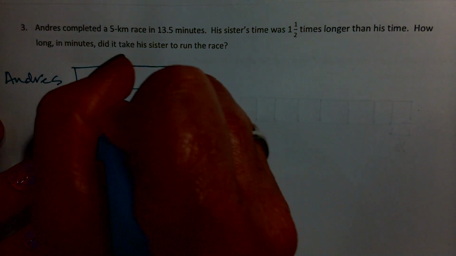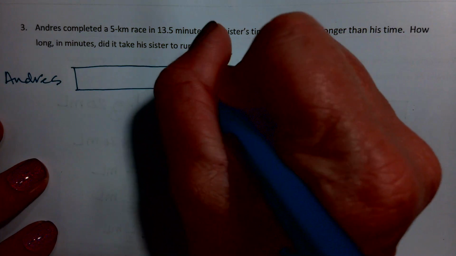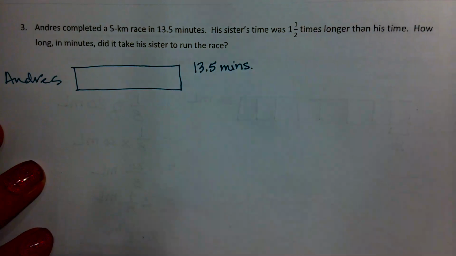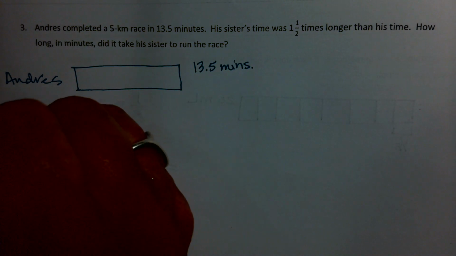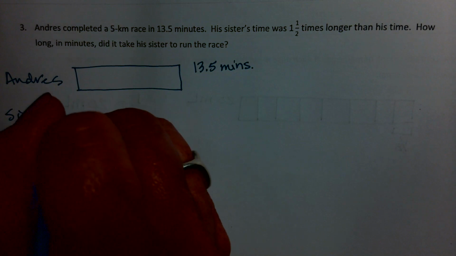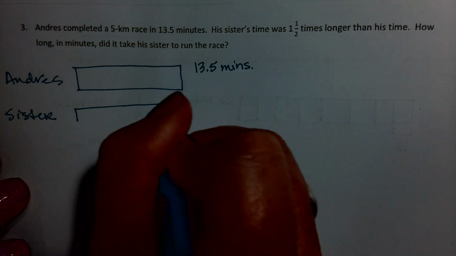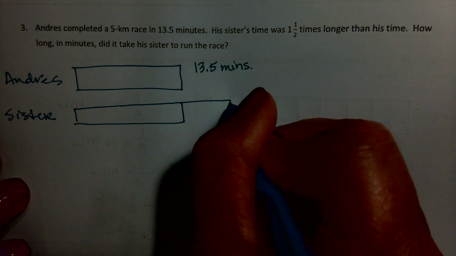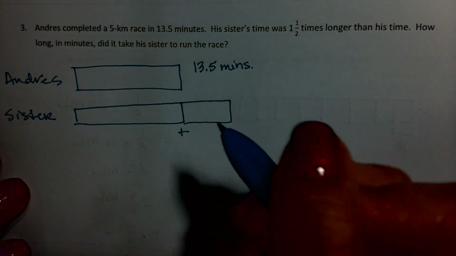So what do we know? We know that Andreas ran a 5-kilometer race in 13.5 minutes. That's what we know, right? And we know his sister ran it in the same amount of time plus a half more.